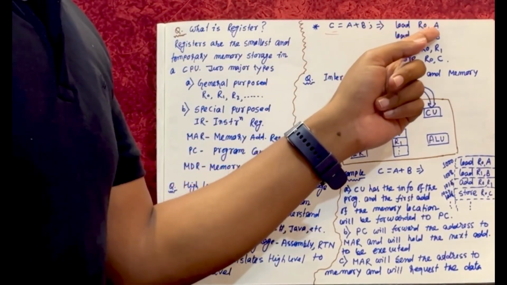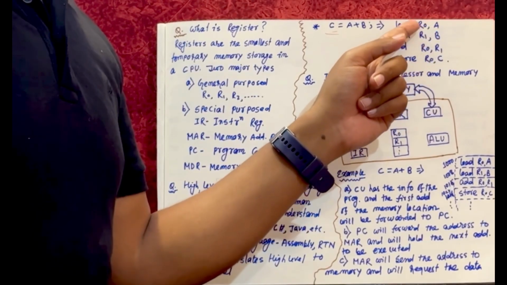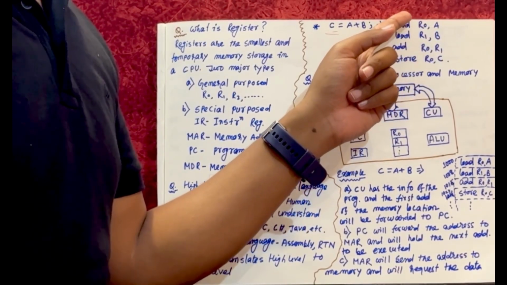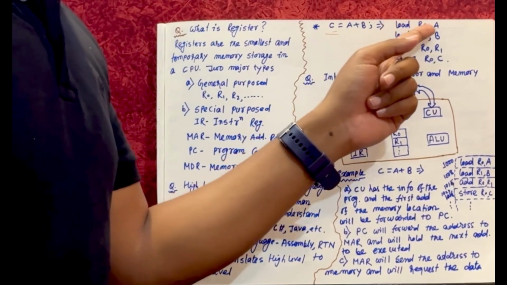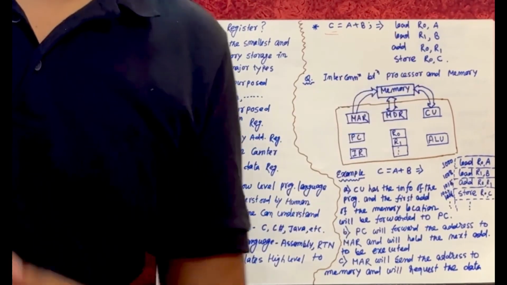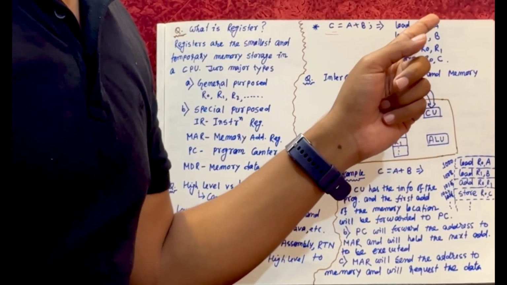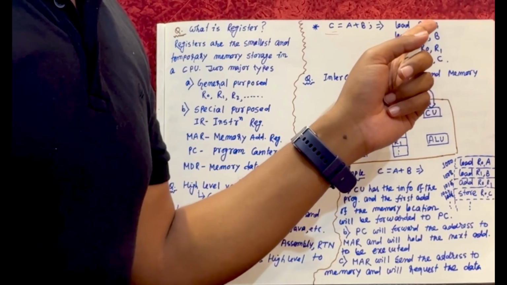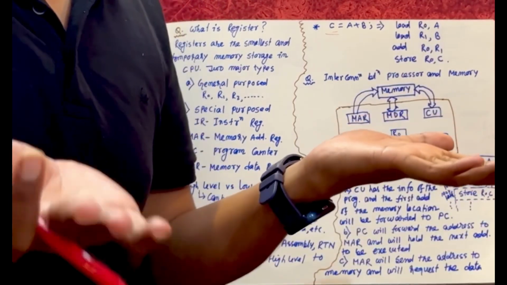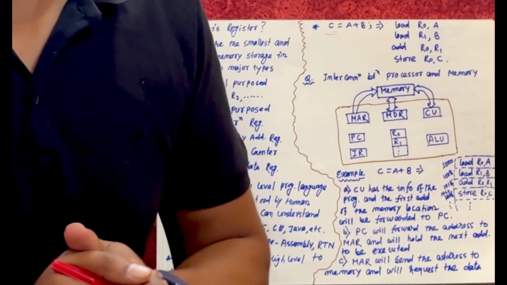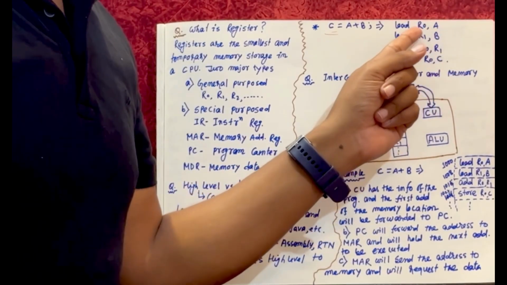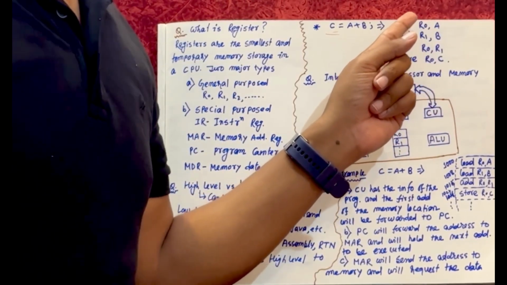I will load my A to R0. What is R0? A register, a hardware. So whatever is in A, what is A? A is nothing but the memory location where the actual value is present, right? A is not the value or data. So in place of A, we'll have some data or value for that, right? Suppose A equals 5 you have entered. So that 5 will be stored into R0 in the CPU.